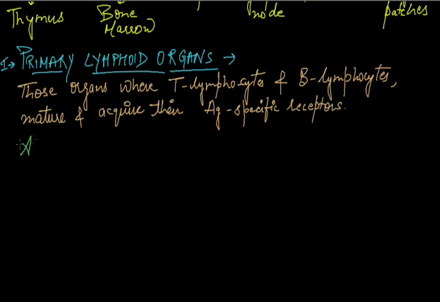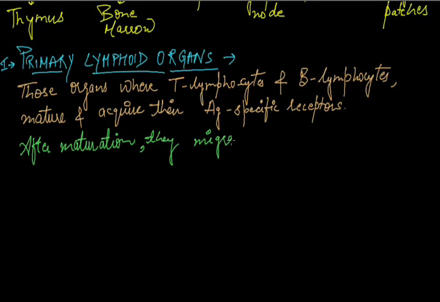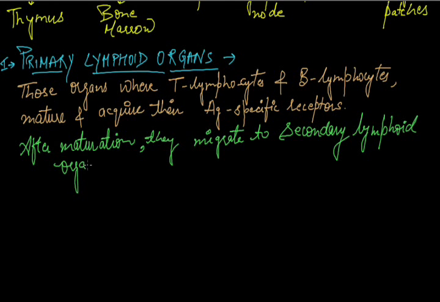After maturation, they migrate to secondary lymphoid organs. As we know, primary lymphoid organs include bone marrow and thymus. First, we are going to study the bone marrow.